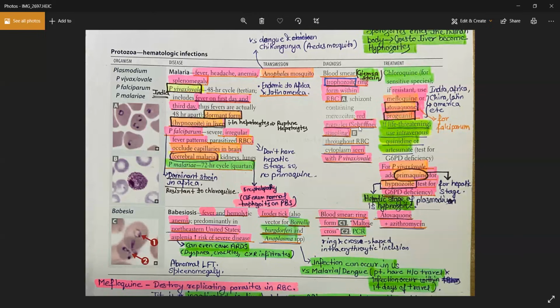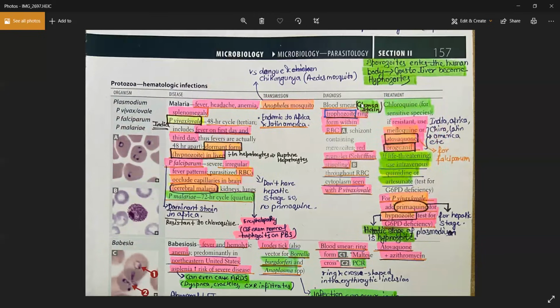And then you need to know how the cycle of this Plasmodium works. So basically, when the mosquito bites you, it secretes sporozoites into your body. Then the sporozoites go to the liver and become hypnozoites. Very important. And finally, the activation of these hypnozoites occurs.